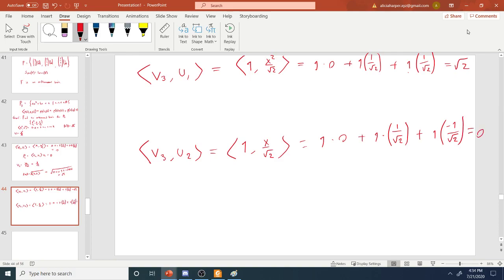So all of it ends up being equal to 0. So P2 here ends up being the inner product of v3 and u1 times u1, which is just, well, x squared.